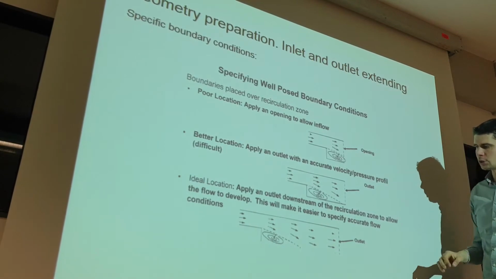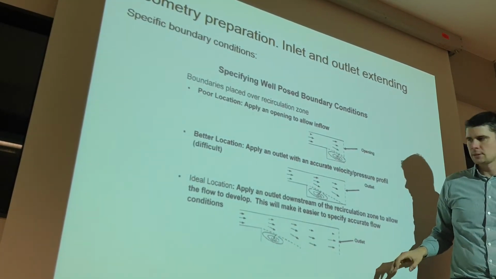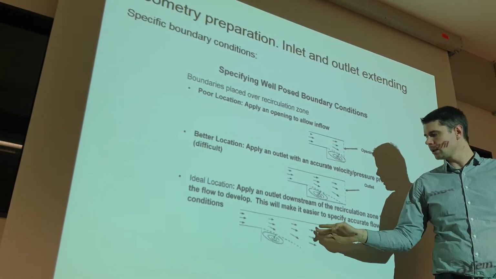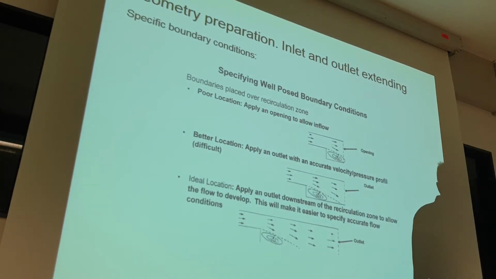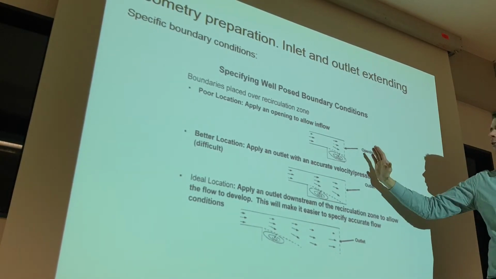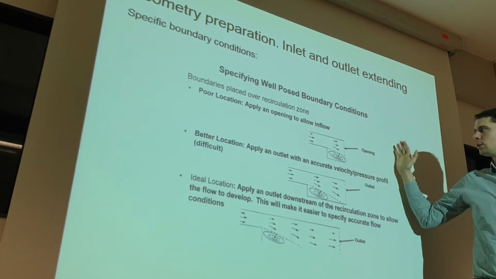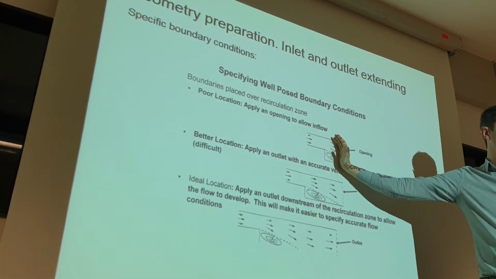Then the best solution is to make my outlet long, so that I don't have turbulence anymore, and then it's really outlet, and I have a real result, like in reality, yes? So, for example, if I have turbulence here, and my outlet is not long enough, then the program tells me here is outlet.